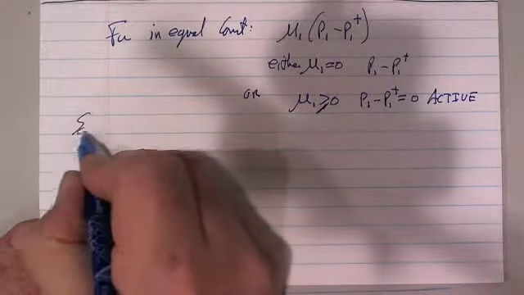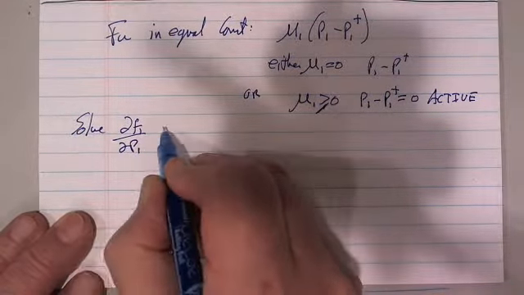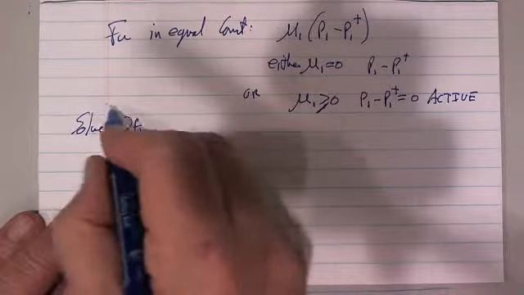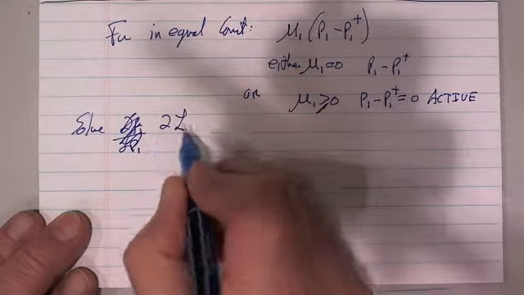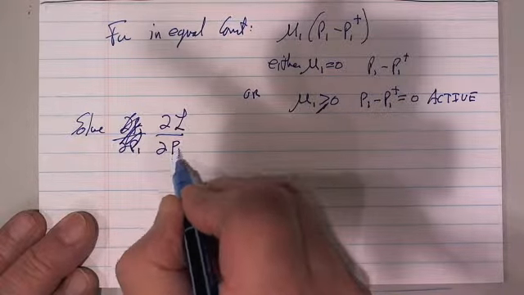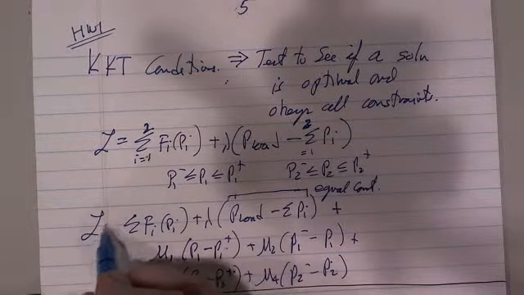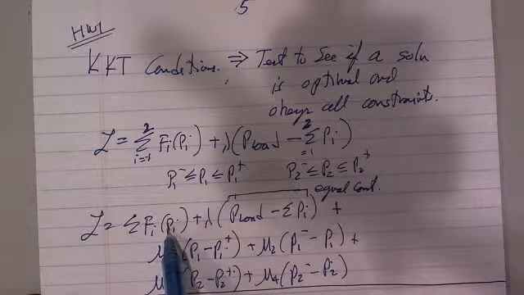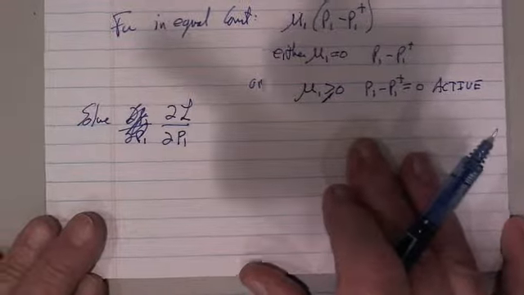Now, so to solve dL/dP1, I'm sorry, let me back up. Remember L. If I go back up here, here's L. It has the cost functions, it has the equality, and it has these 4 terms for the inequality constraints.